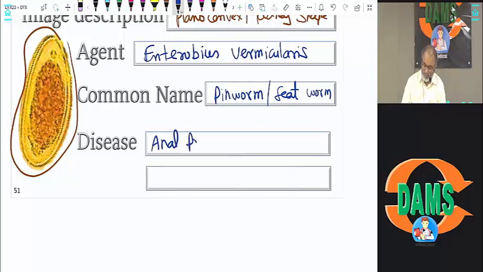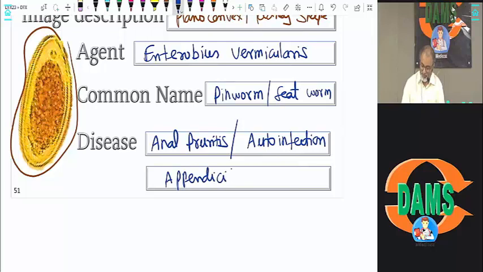Anal pruritus, appendicitis, auto infection.